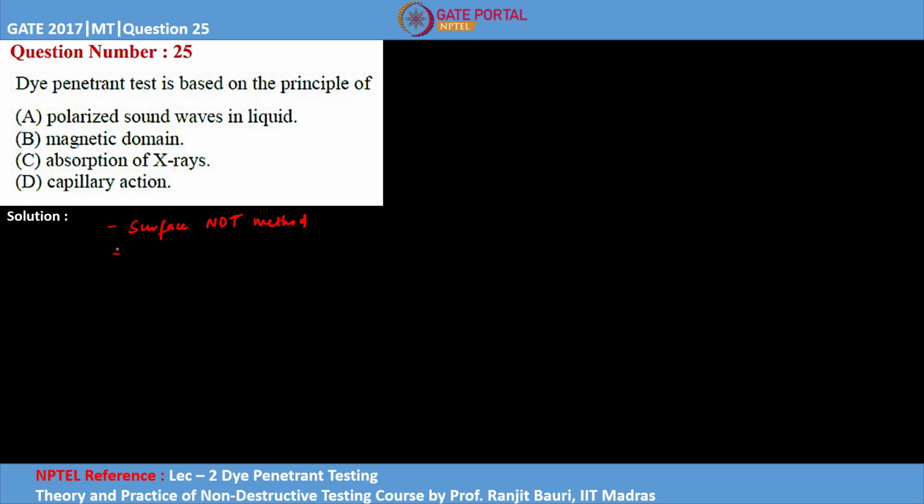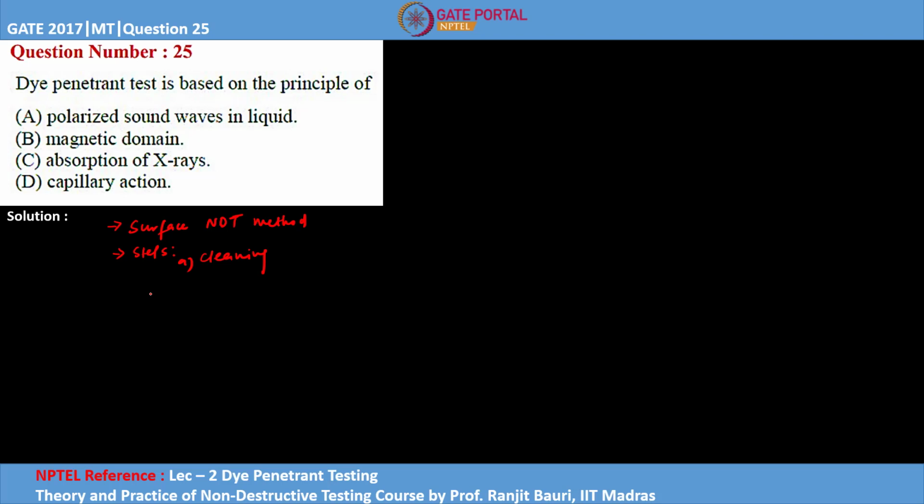So first of all, if you talk about the steps involved in this process, we clean the surface where we want to inspect the presence of defect or any anomaly. So the first step is cleaning.